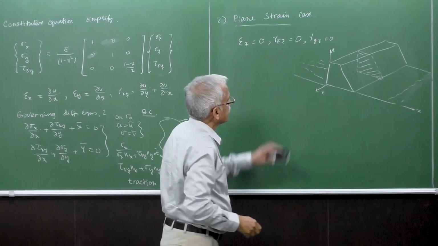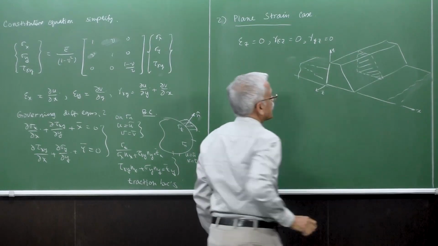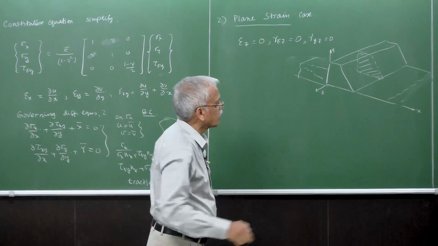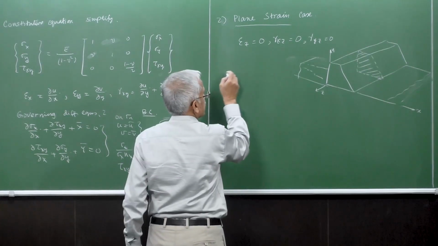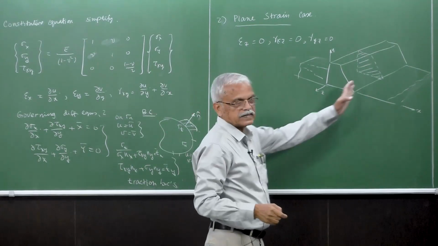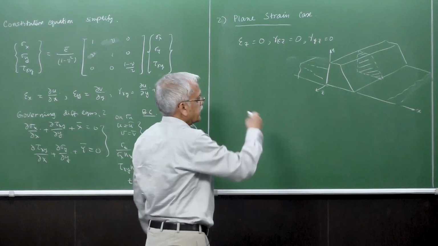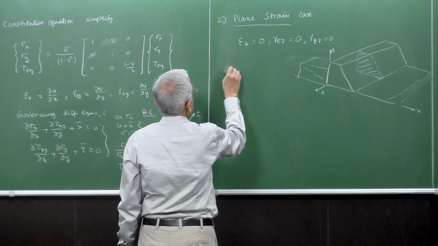So this is a kind of dam, which is long. So this kind of situation occurs whenever the cross section xy is extended in the z direction and it's extruded. So like in dams and all that.